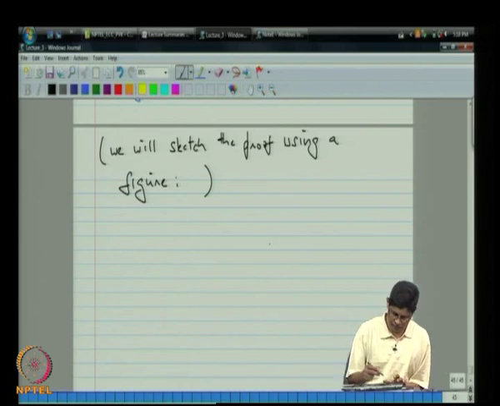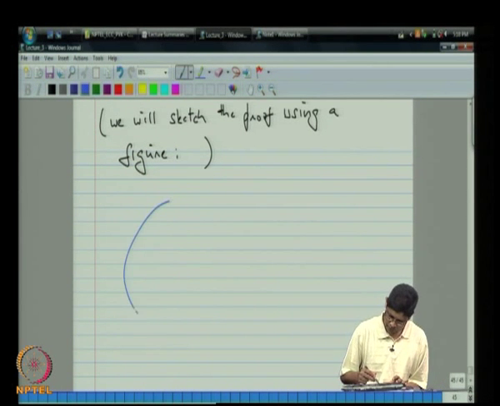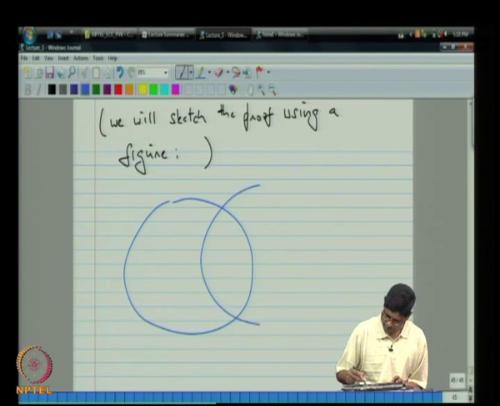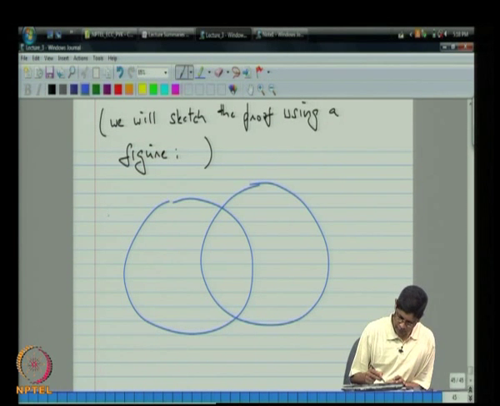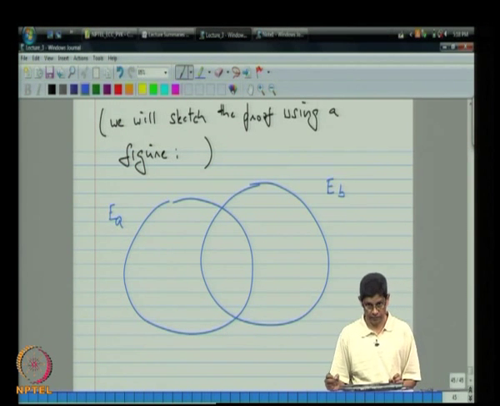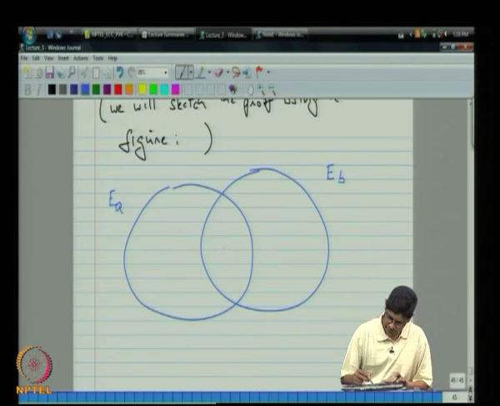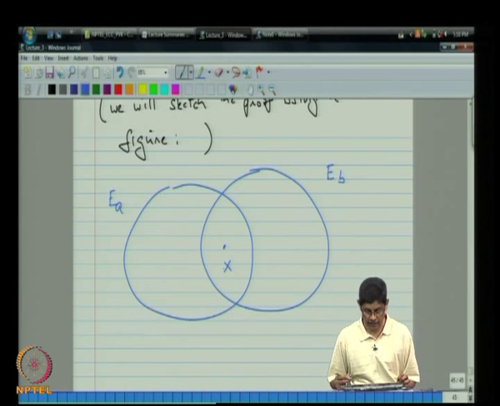And the figure is basically this. So, let us say that suppose the situation was like this. Supposing there was an element x that belonged to both E_A and E_B.